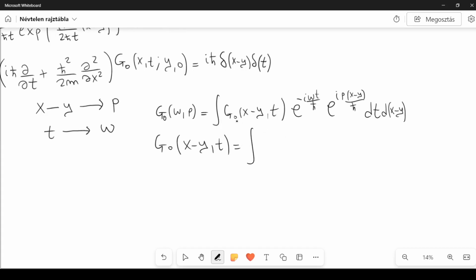It is a double integral of G0 of omega, p. So basically, if you want to differentiate these symbols, you can put the hat here to denote that this is a Fourier transform, and also a hat here. And then here you have e to the i omega t over h bar.